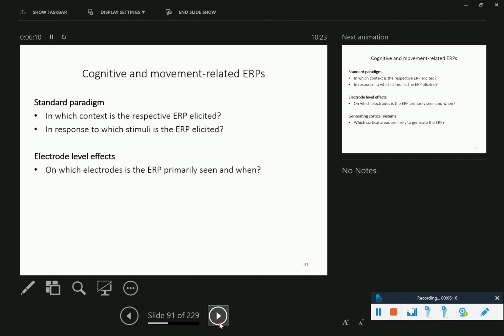Then the other question is, once you know the paradigm, the cognitive event-related potentials have their canonical electrodes.